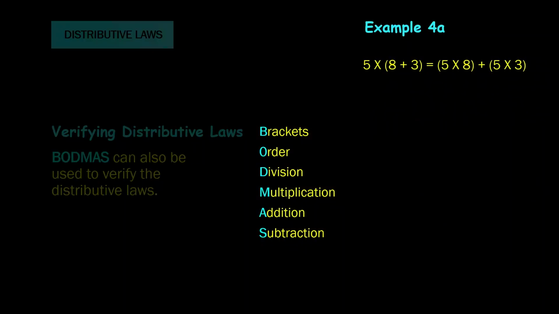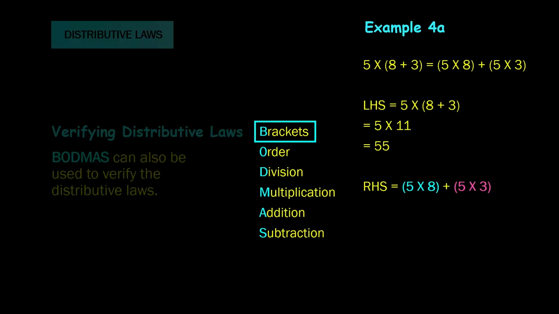Let's do the brackets first. Eight plus 3 equals 11. Now let's do the next operation. This is multiplication. 5 times 11 is 55. Now let's consider the right-hand side. Do the brackets first. In each of the brackets, we only have multiplication.